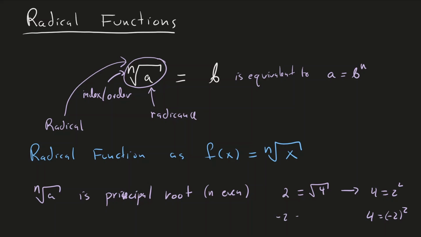Maybe negative 2 is equal to the square root of 4, or 2 is equal to the square root of 4. If you really want to define the square root as something that when you square it, it gives you the value on the inside of the radicand. So this one we don't use, and we say that this one here is the principal root. Now for odd roots, so n odd, there is only one root. So it is the principal root itself.